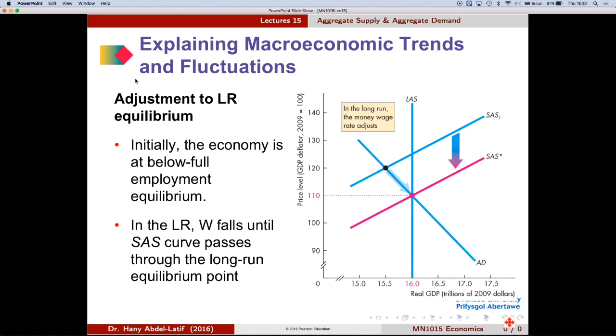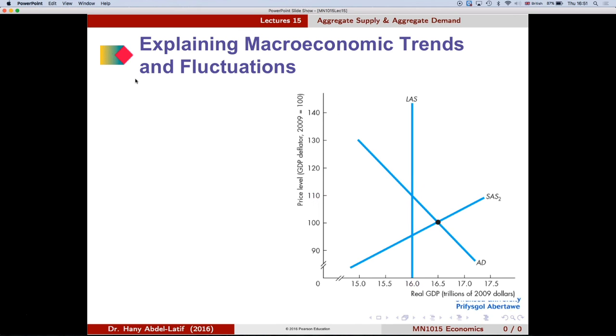In this particular case, the money wage rate will fall, and this will shift the short run aggregate supply curve to the right until we reach this point, which is the equilibrium in the long run. The black dot here is the short run equilibrium. The red one shows you the long run equilibrium in this economy.